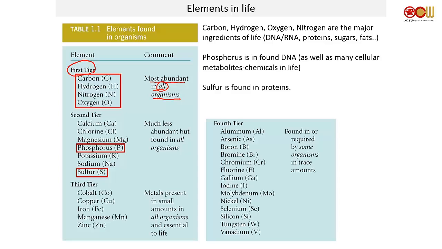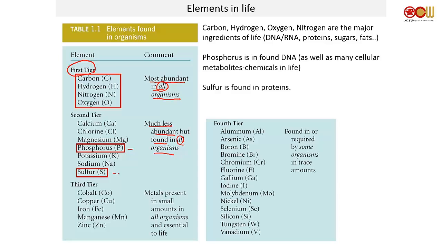Second tier, the definition is they're much less abundant, but still found in all organisms, okay? But a lot less abundant. What are those? Things like calcium, chlorine, magnesium, phosphorus, potassium, sodium, and sulfur, okay? Of course, I highlight phosphorus and sulfur. Why?